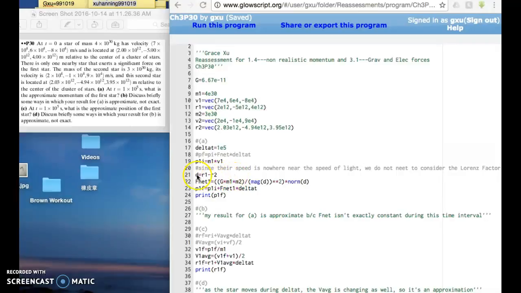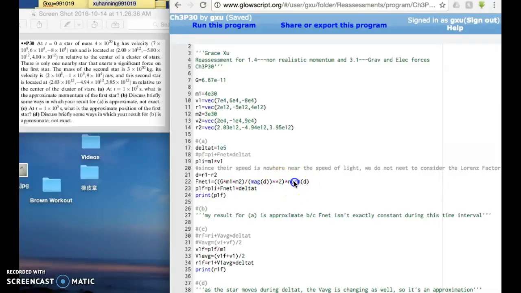And the distance between the two, I just subtracted the position for the second star from the first one, and I calculated the F net using the gravitational force equation, which is big G times mass 1 times mass 2 divided by the square of the magnitude of the distance.